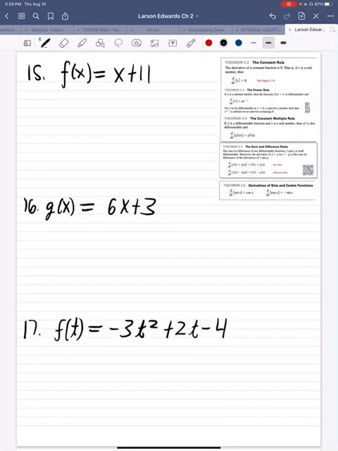Now we're getting into the sum and difference rules. We see that f of x is the sum of two terms.